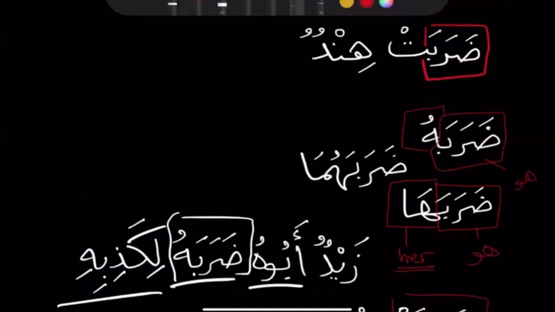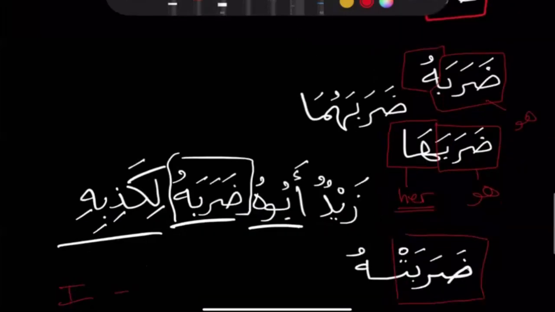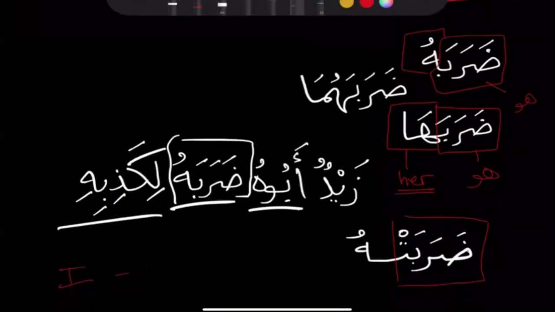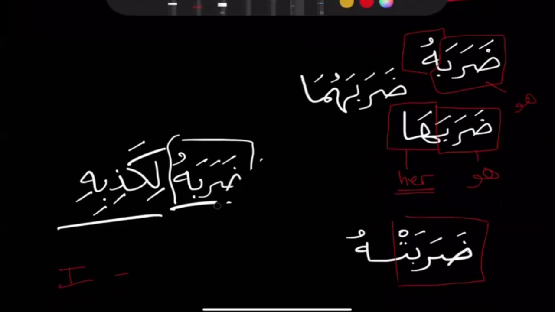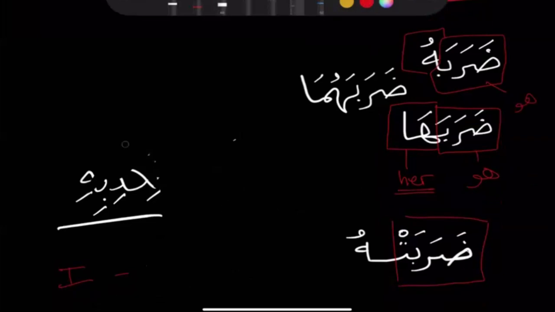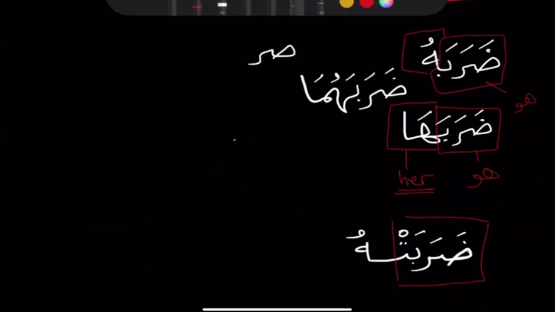And then darabahuma. That's he hit them, meaning those two. He hit those two. Yes, correct. Then you have darabahum.